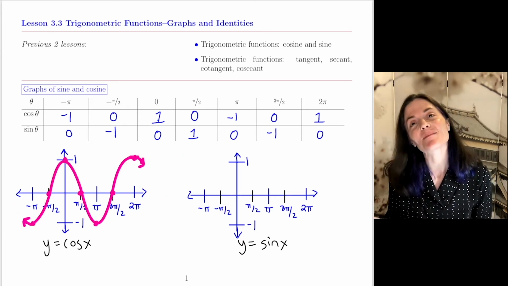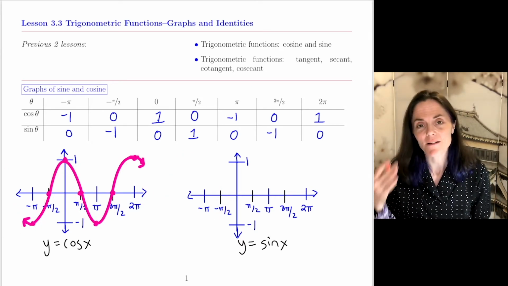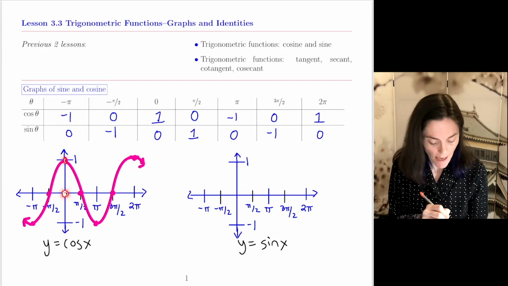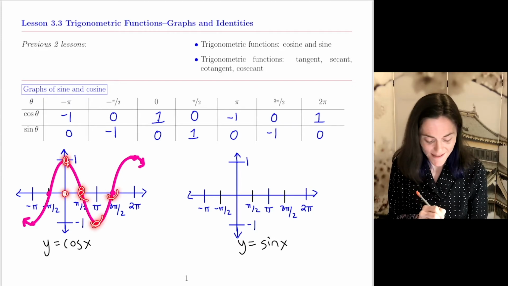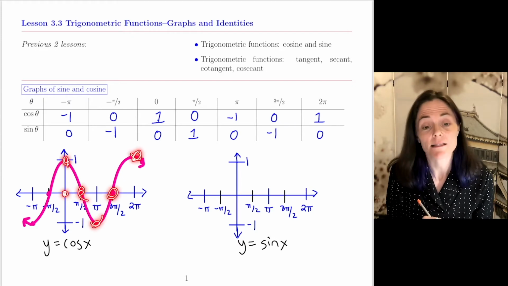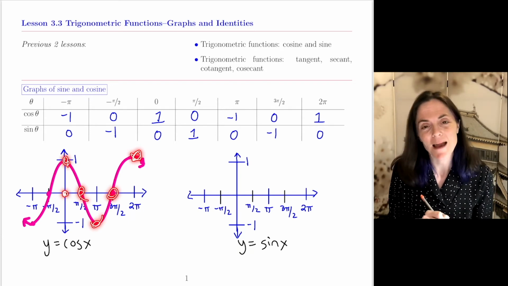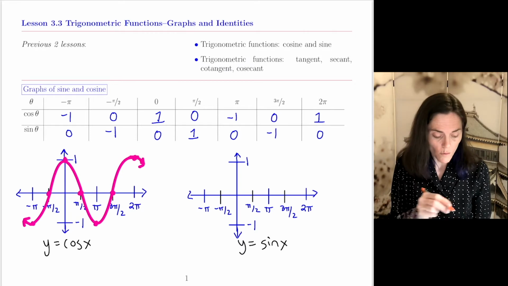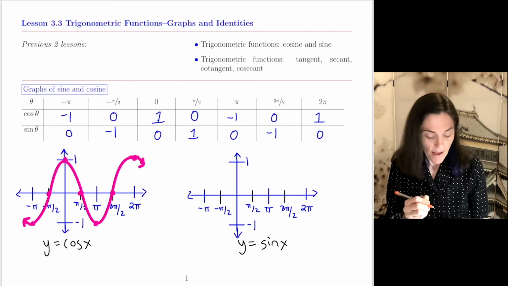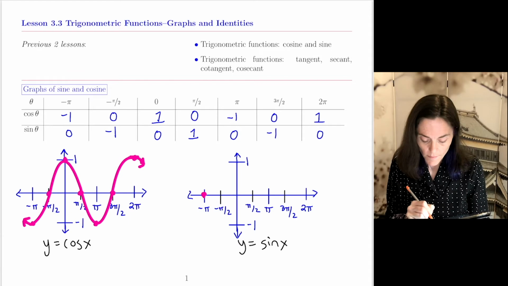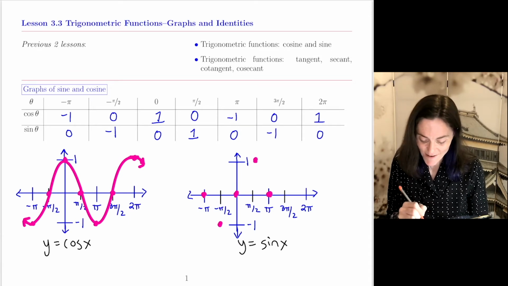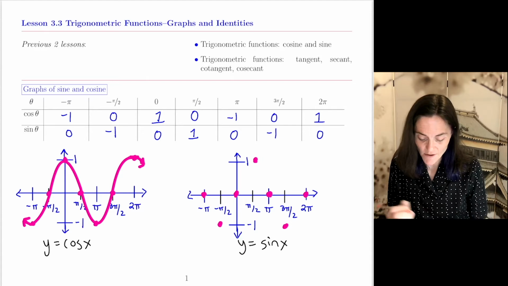The way that I remember the graph of the cosine is starting at 0, where x equals 0, cosine goes high, 0, low, 0, high, like this. And then it just repeats this pattern. Now let's look at the sine. If we look at the bottom row here, we have 0, minus 1, 0, 1, 0, minus 1, 0.